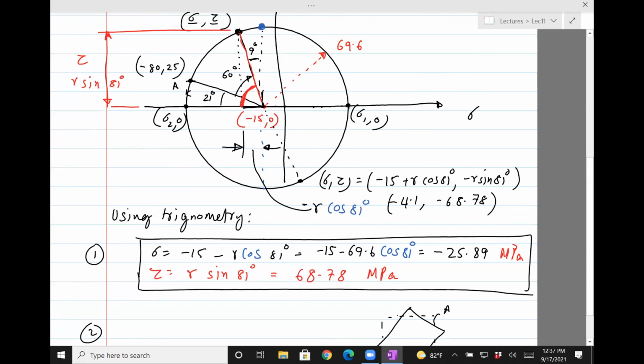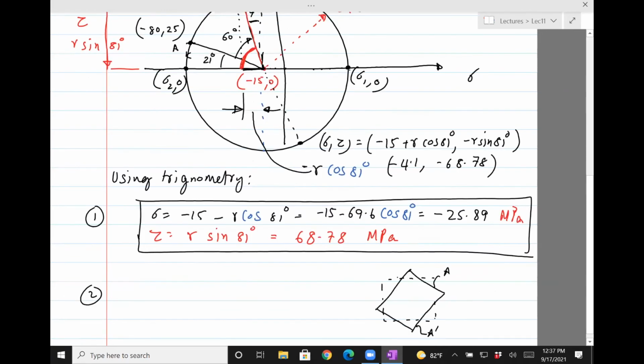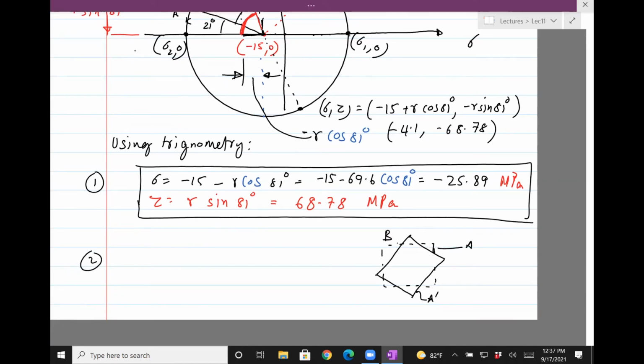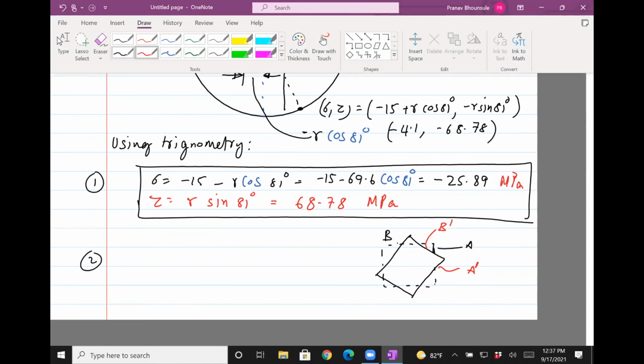So once I have that, now I'm ready to draw it on the figure. So this is A, this is B, this is my new B, this is my new A. Okay, so let's draw the stresses.